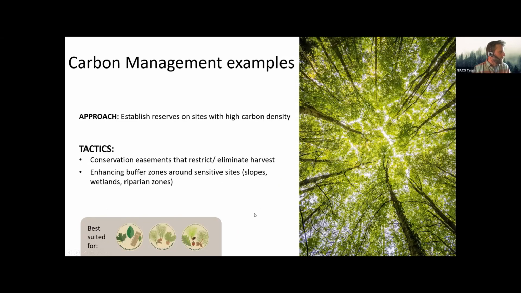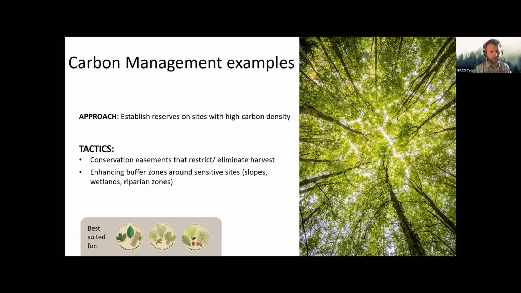And then obviously reserves, and something that has been mentioned previously with BMPs and those sorts of things. Conservation easements that restrict or eliminate harvesting, or again, enhancing buffer zones.